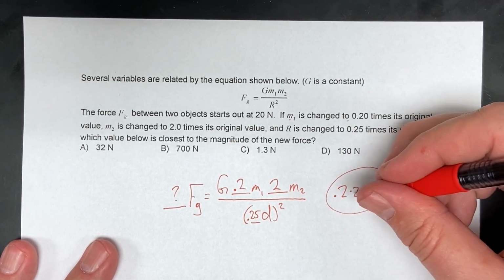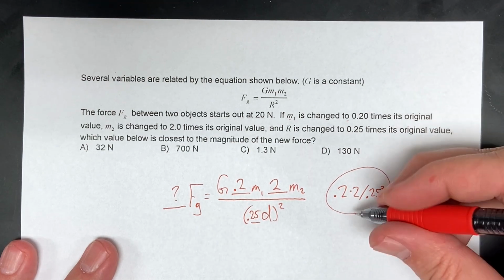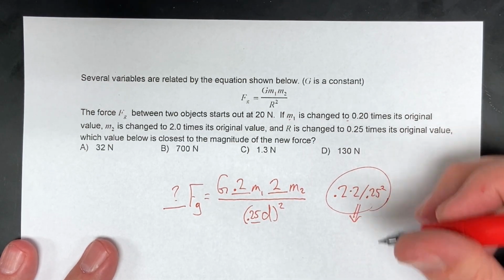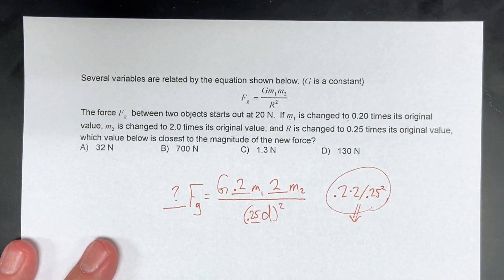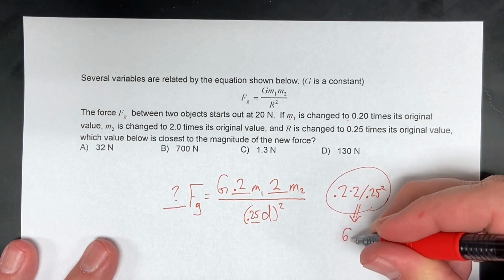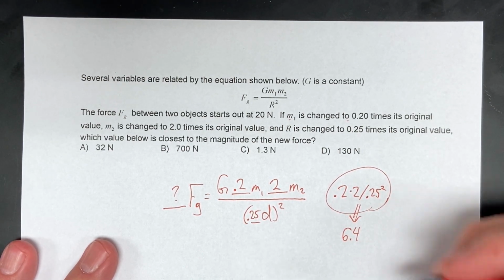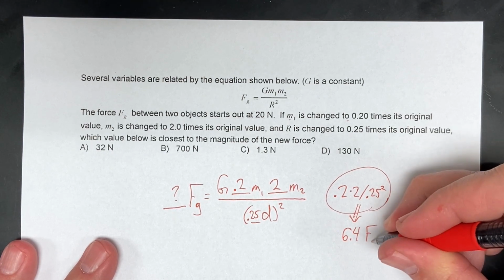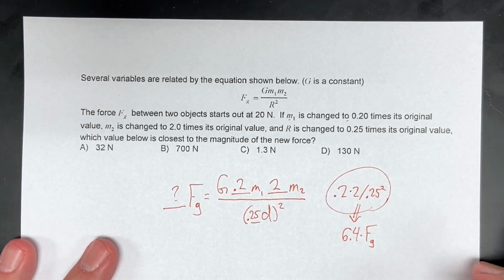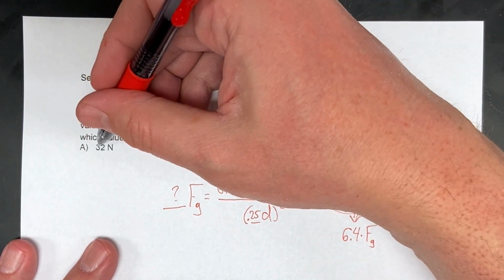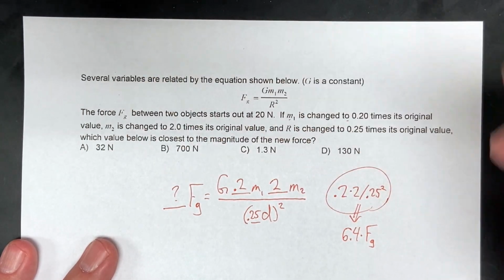So when I do that, 0.2 times 2 divided by 0.25 squared, that's going to tell me that the changed value is going to be 6.4 times bigger than the old force of gravity. But notice here, there's nothing that says 6.4, nothing about multiplying.